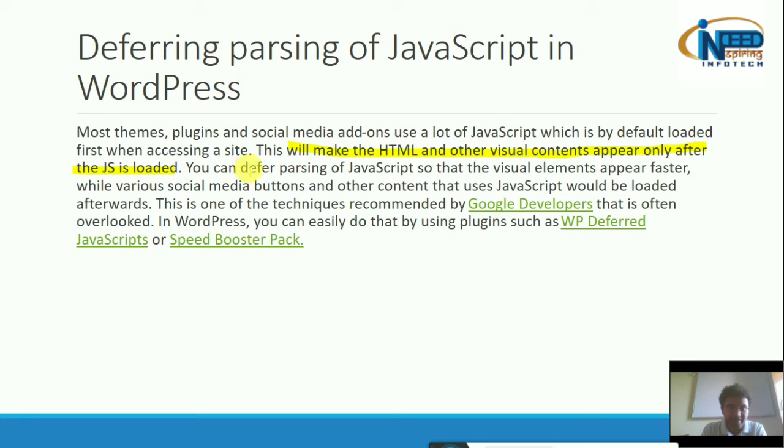So you can defer parsing of JavaScript so that the visual elements appear faster. This is one of the techniques recommended by Google developers, and it is often neglected. You have plugins like WP Deferred JavaScript or Speed Booster Pack, which you can use to defer the JavaScript in WordPress.